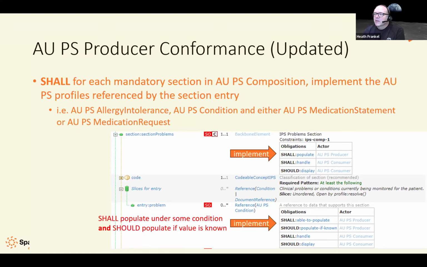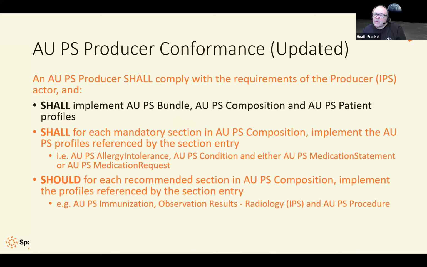Okay, so the next requirement is: should, for each recommended section in an IPS composition, implement the profiles referenced by the section entry. So the recommended section entries are immunization, observation results, procedures.